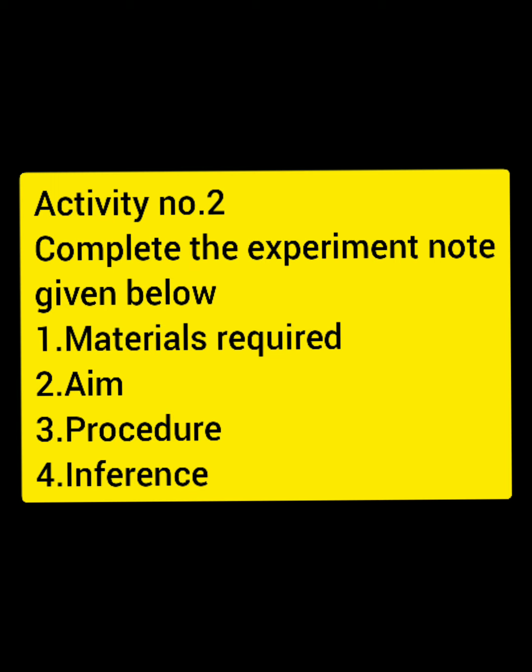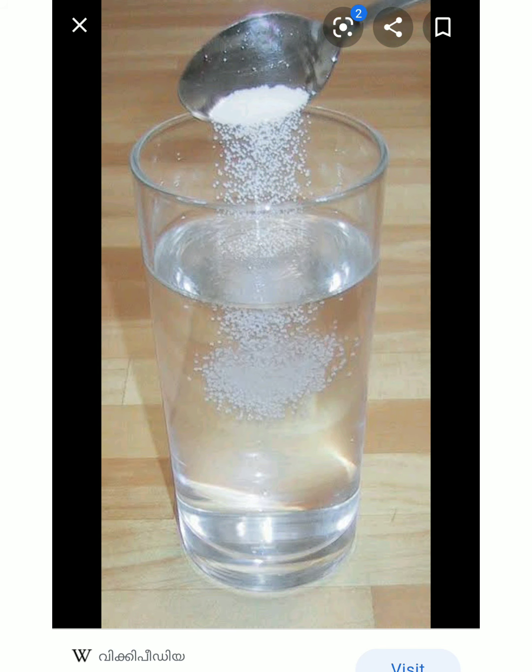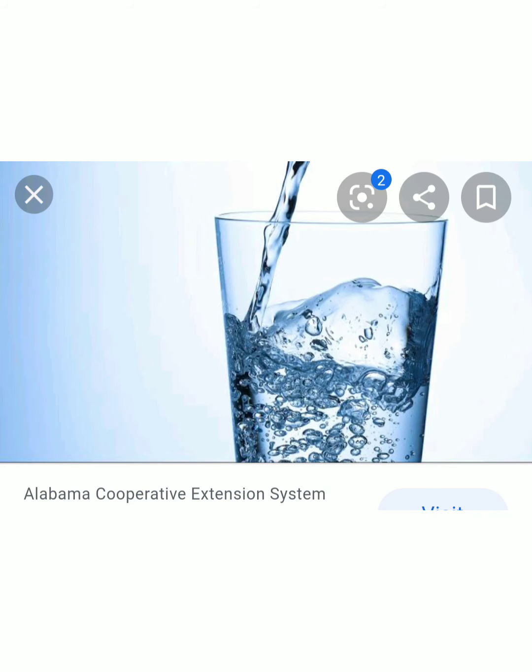Inference is which are the substances that are soluble in water and which are the substances that are insoluble in water. All of you perform the experiment. If the school is open, we will perform this experiment in groups. It is an easy experiment, so all of you should perform this experiment with the help of elders.